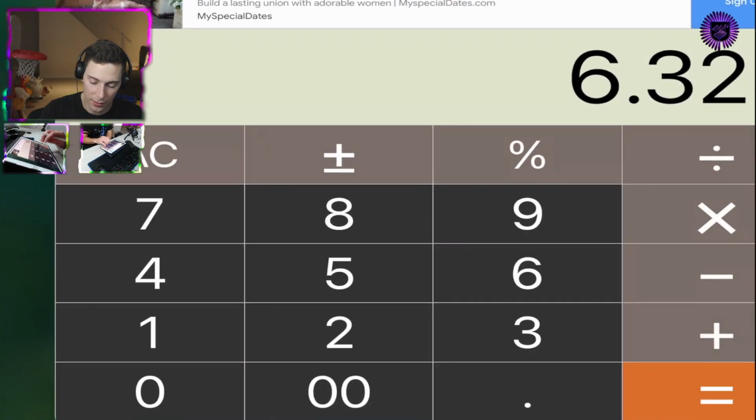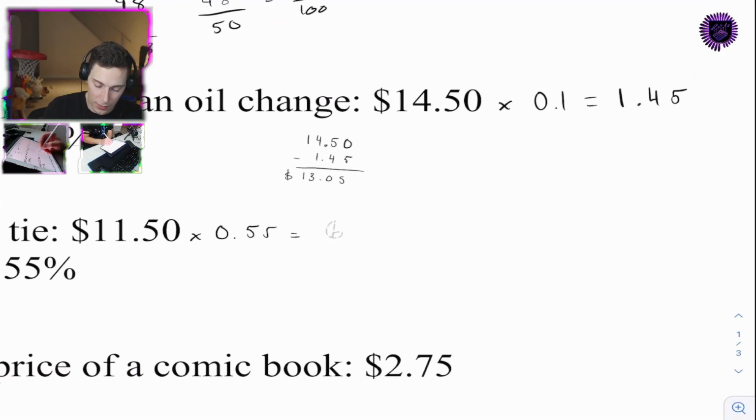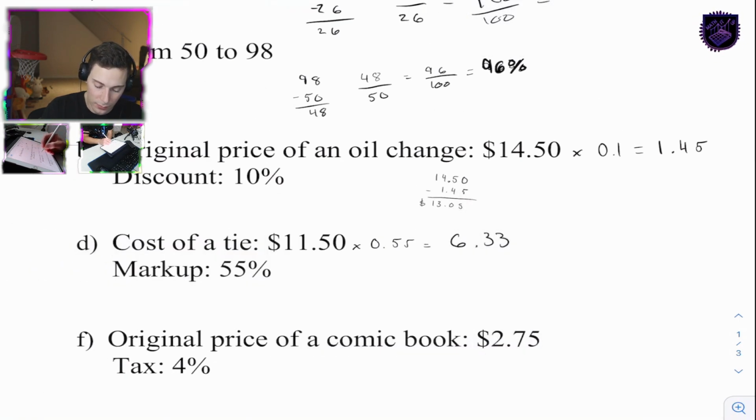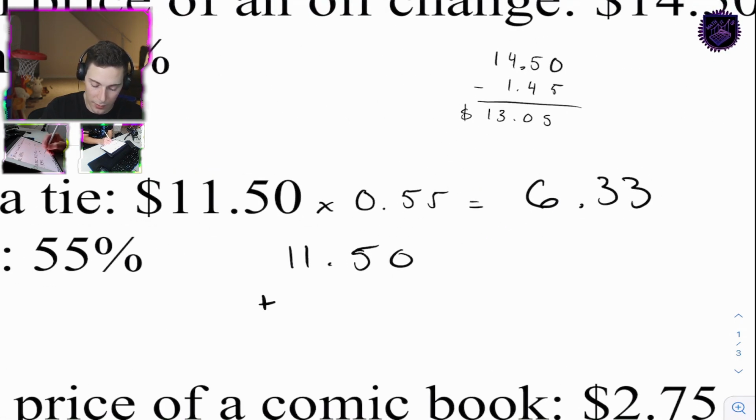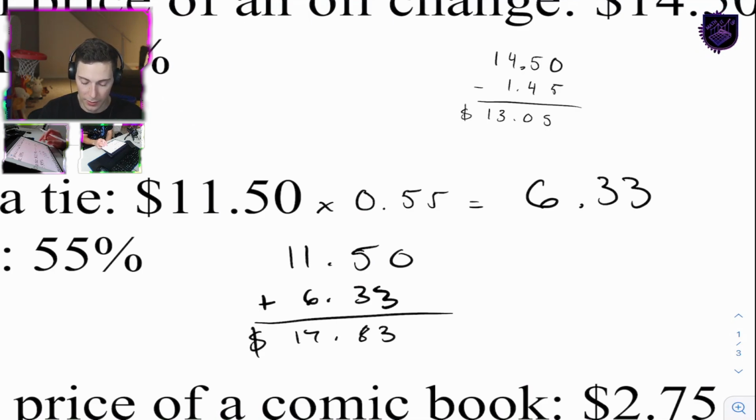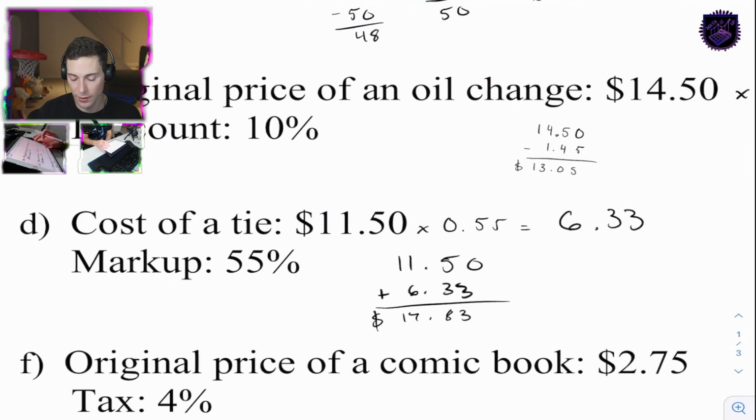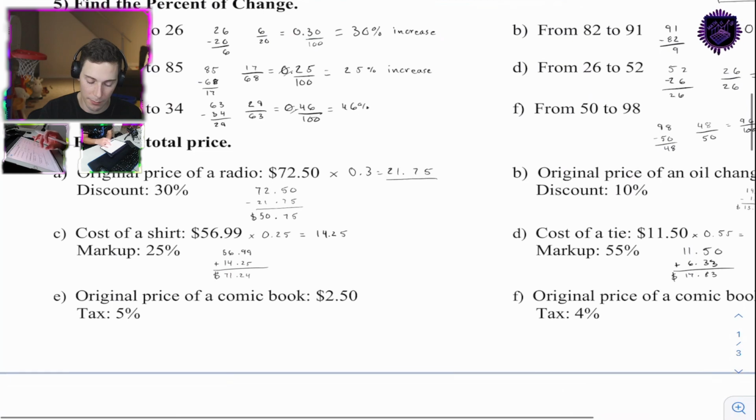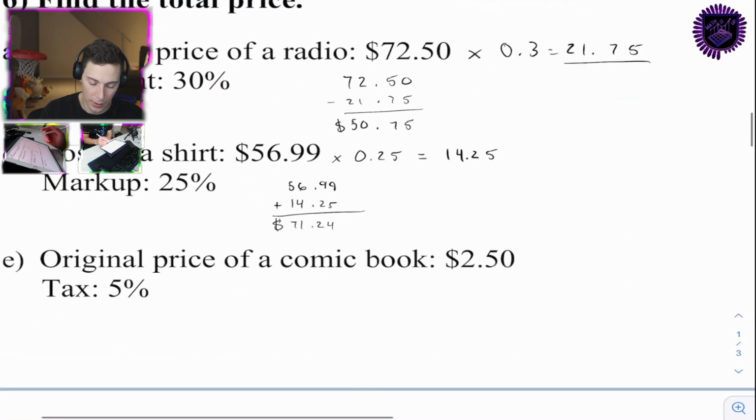Yeah, that's right. Now, 11.50 plus 6.33 is going to be 17.83. Final price. That tie is 17.83 after my 55% markup. Wow.